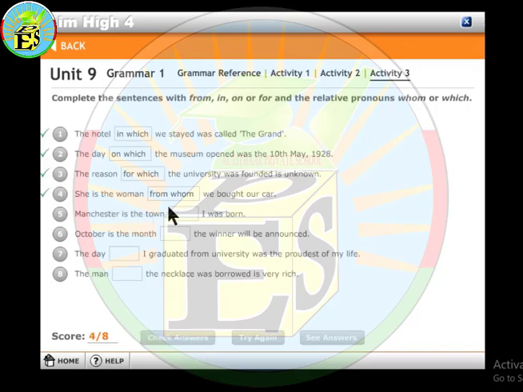Manchester is the town space I was born in. Which. Check. October is the month space the winner will be announced. In which.